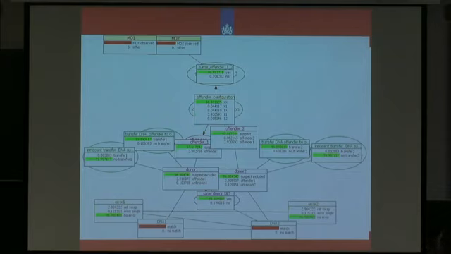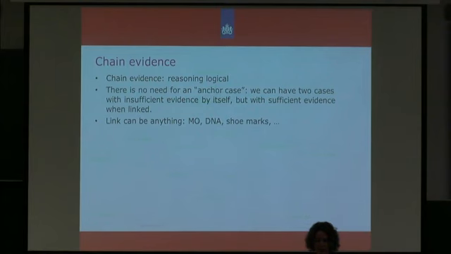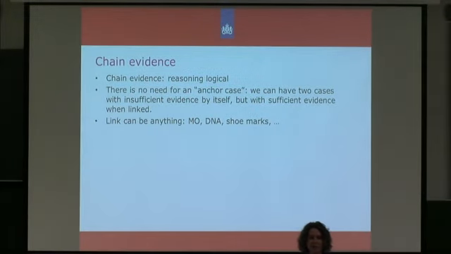And now what you see is that there's quite a large probability that the suspect is an offender because of this reasoning. And I have 2 DNA matches in 2 different cases, so they reinforce each other. So I think that Jacob has shown that this chain evidence reasoning is quite logical.